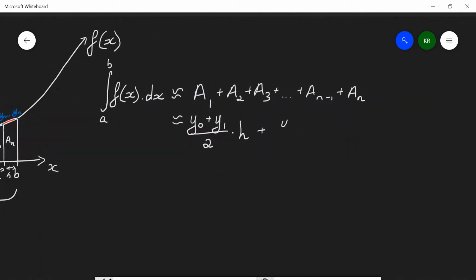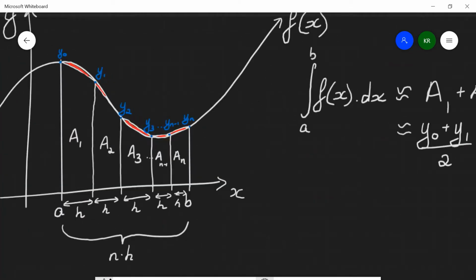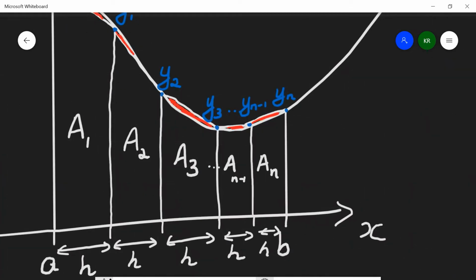And then A2 is just going to be y1 plus y2, because you can see the area of this trapezium is just this length here plus this length here over 2, the average of those two lengths, times this width here, right?